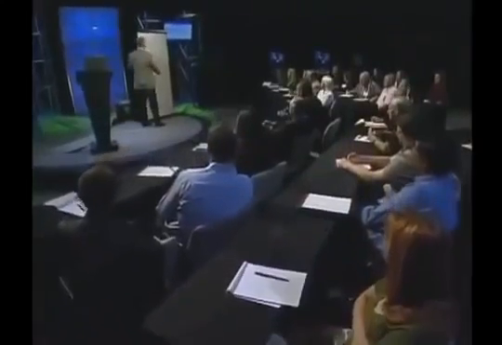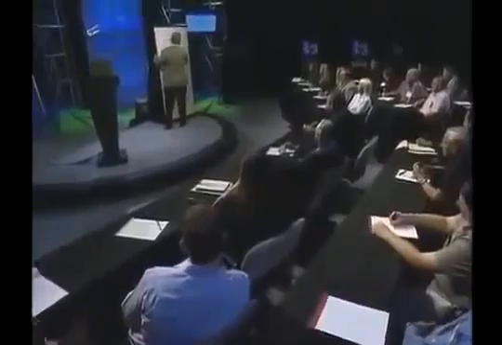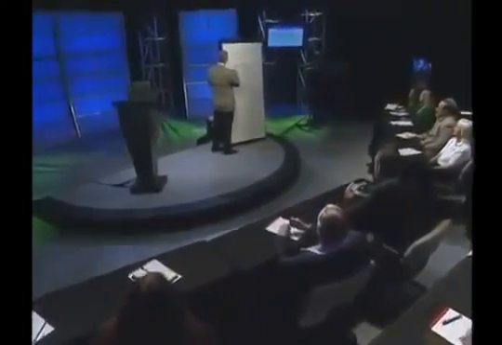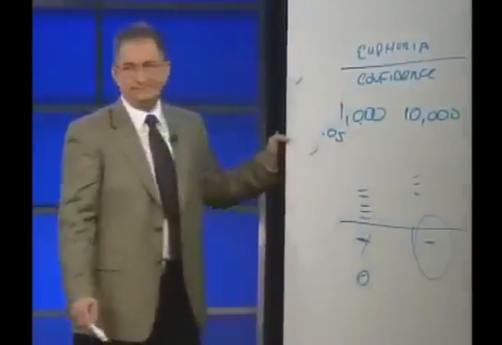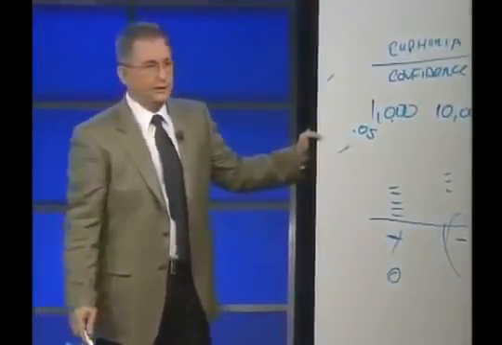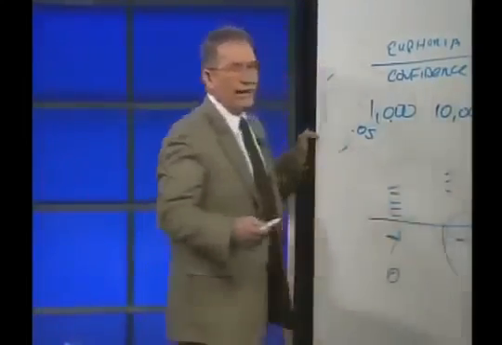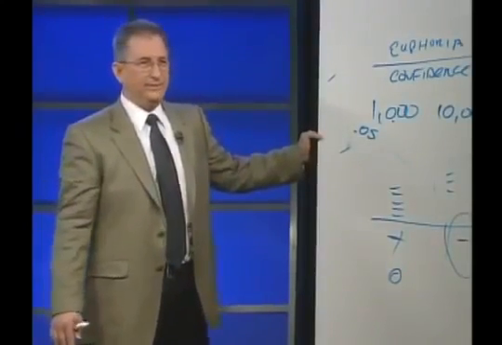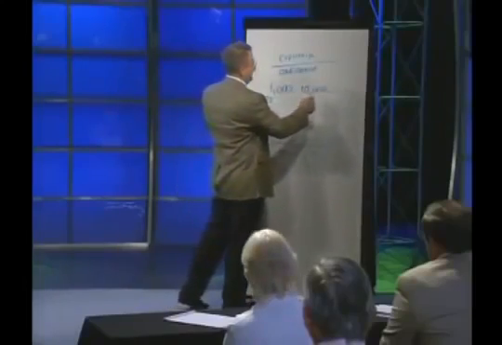If you're a normal 1,000 share trader and you go up to 10,000 shares, if when you put 1,000 shares on and the market went against you 5 cents a share, wouldn't be any big deal. You got 10,000 shares on when you absolutely knew for a fact that the trade was a winner, and it goes 5 or 10 cents against you.